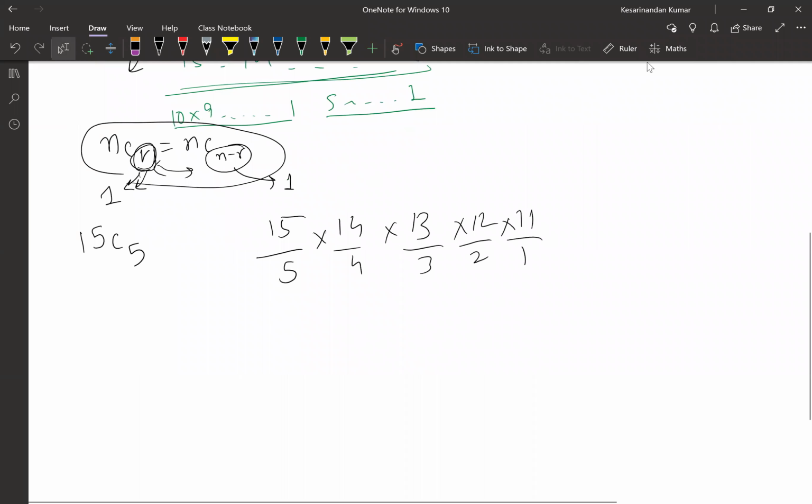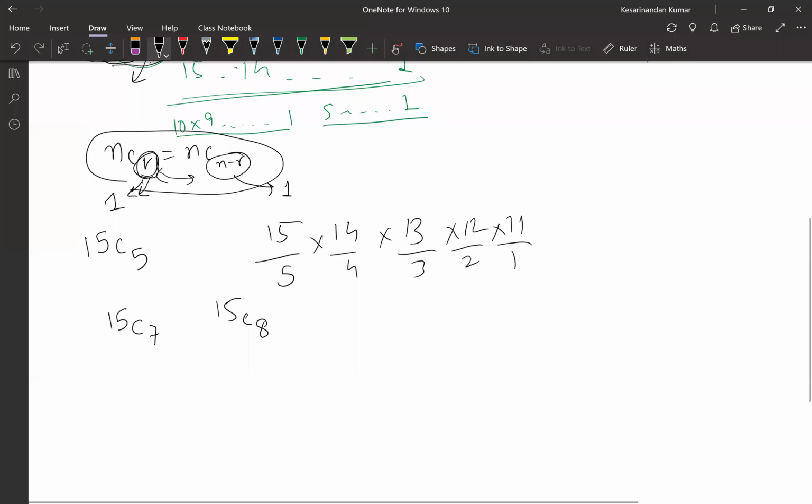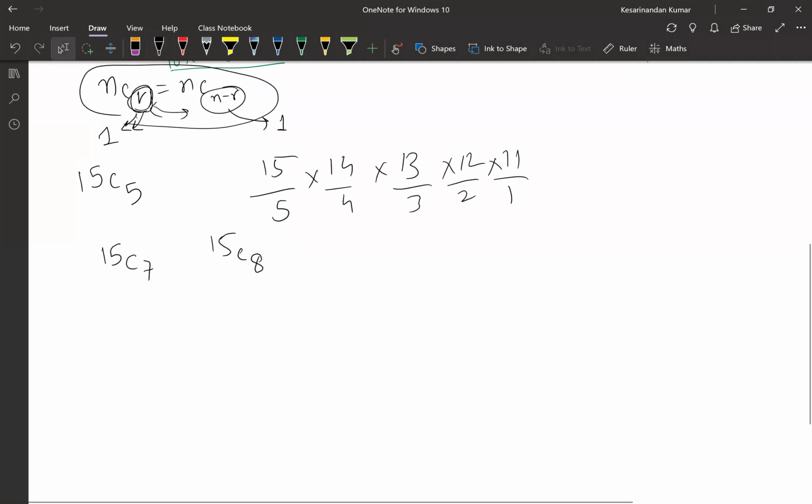So let's say I give you 15C7 and 15C8. Which one will you use? 7. Yes, 15C7. Okay, so let's take a small simple exercise so as to get it completely cleared, and you can use your calculator.